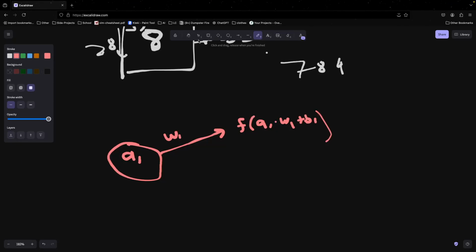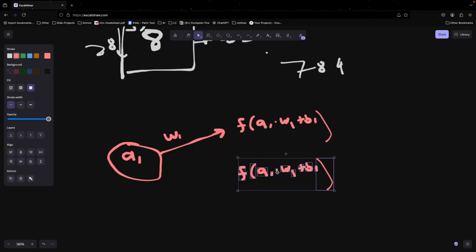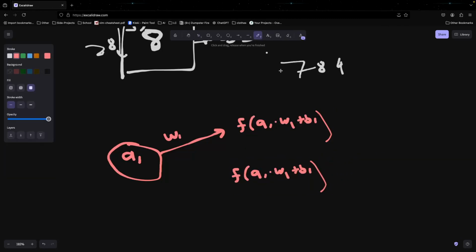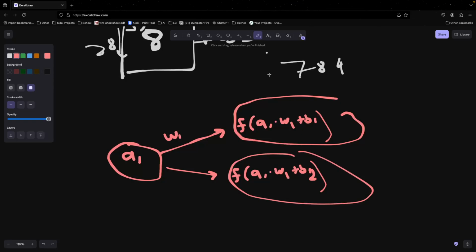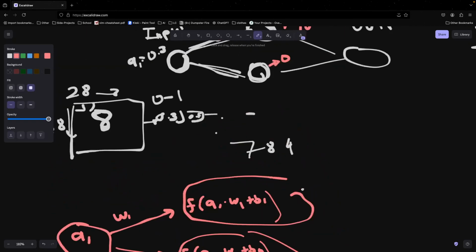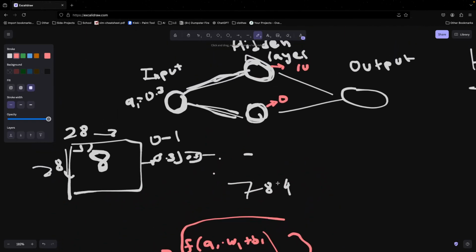And now we have essentially the same thing, but with a different bias because it's a different neuron and we want to basically balance it out. So now that we have this, these are essentially the two neurons that we just saw earlier. It is all just basically a sequential process of mathematical equations.